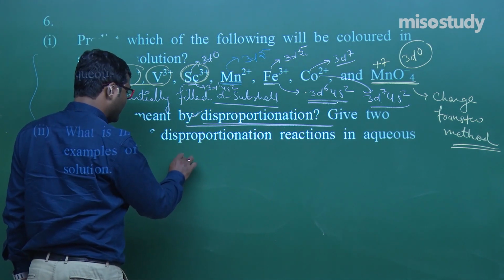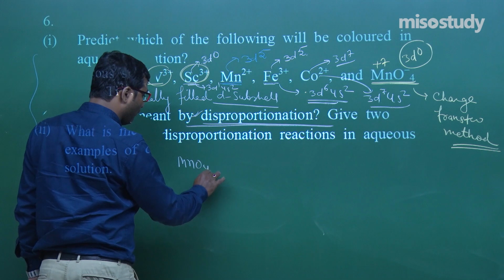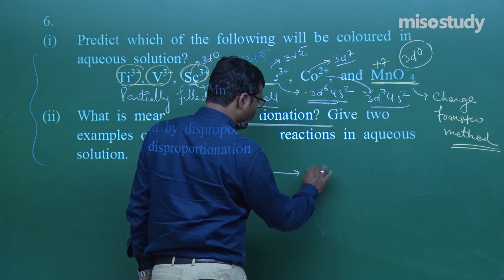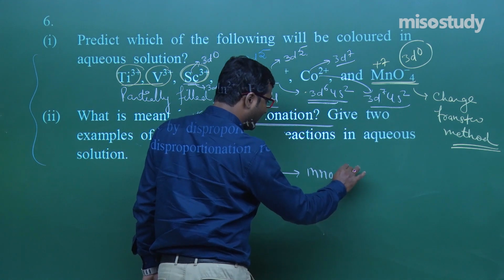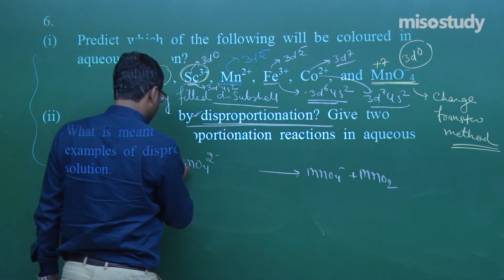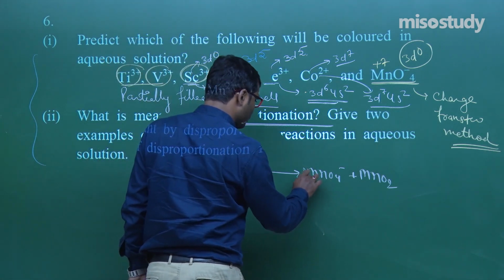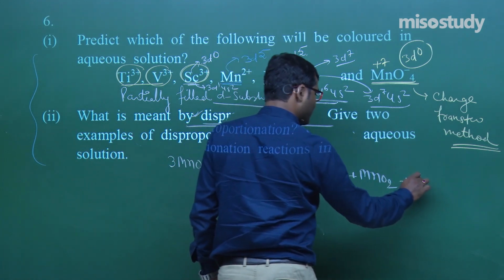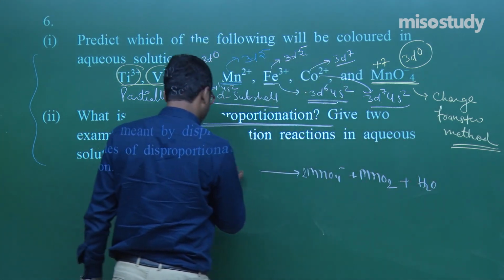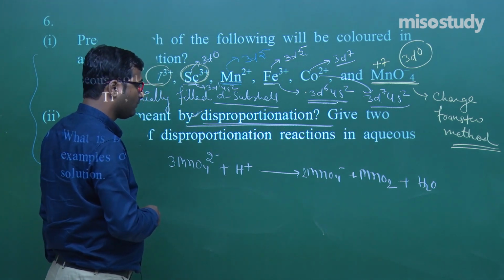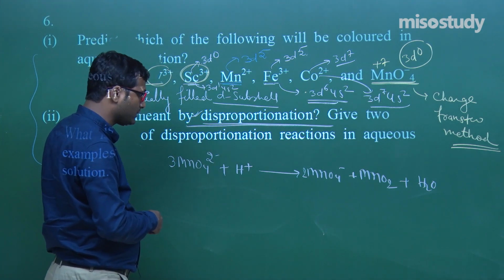For example, if I write here MnO4 2 minus, it converts into MnO4 minus plus MnO2. Put here 3, put here 2, plus H2O, put here H plus. Now balance them.